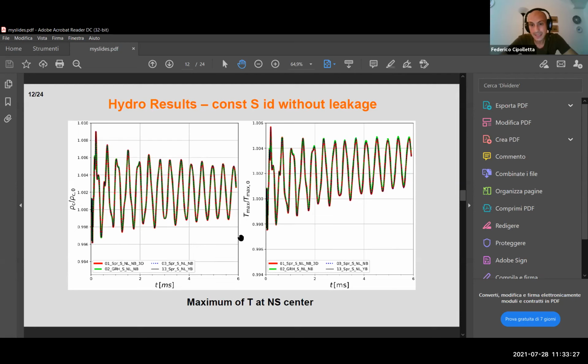But the differences are really small, the two results are really comparable. So it could also be a matter of some differences in the code. But up to 6 milliseconds, it is not concerning at all.